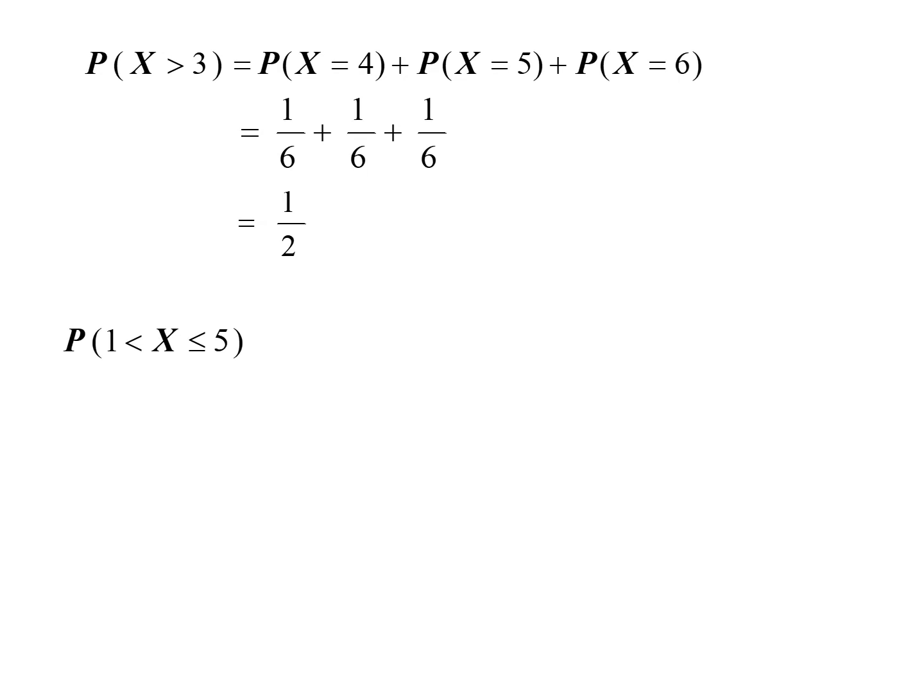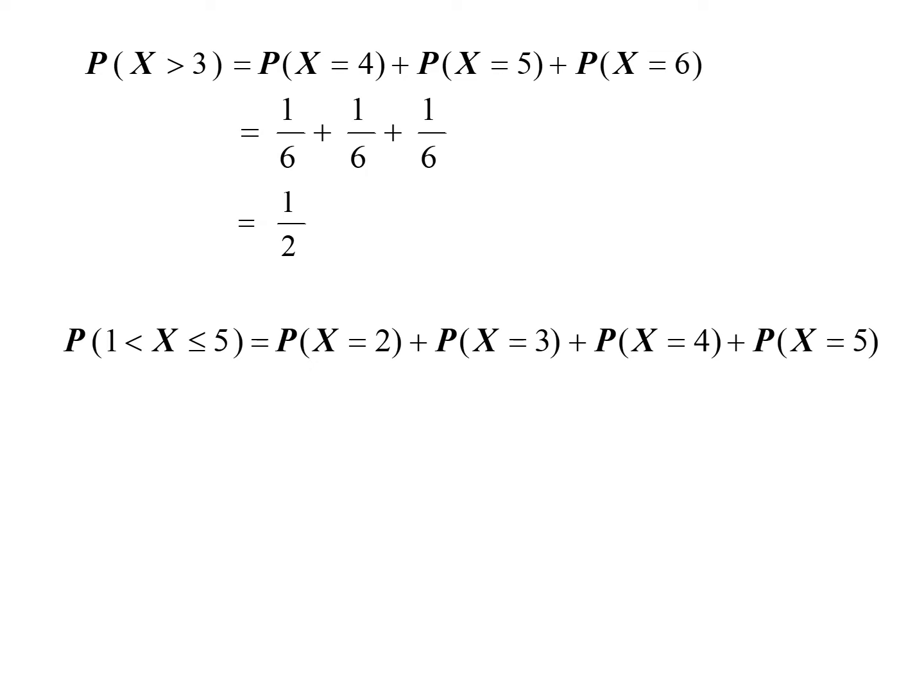Then for the probability X is less than or equal to 5, greater than 1, it is equal to probability X equal to 2 plus probability X equal to 3 plus probability X equal to 4 plus probability X equal to 5. Each of them has the probability 1/6. After the summation and simplification, we will get the answer 2/3.